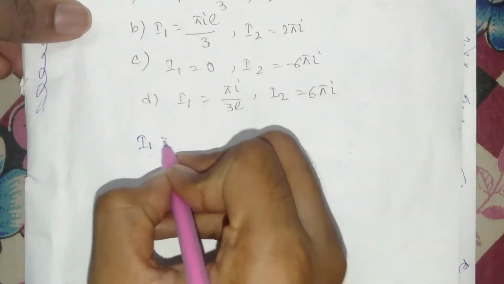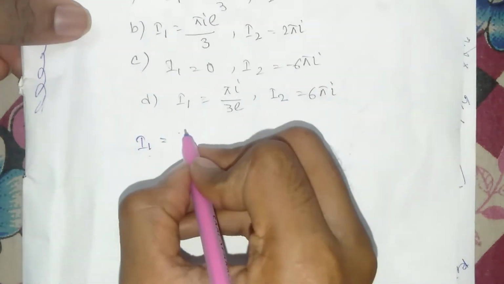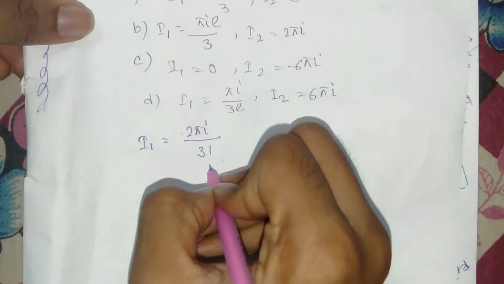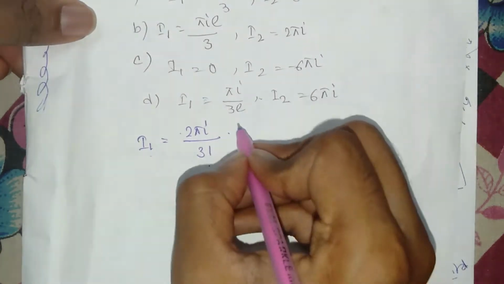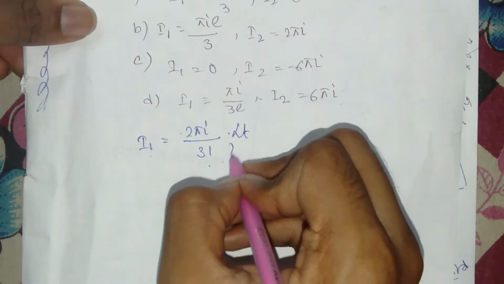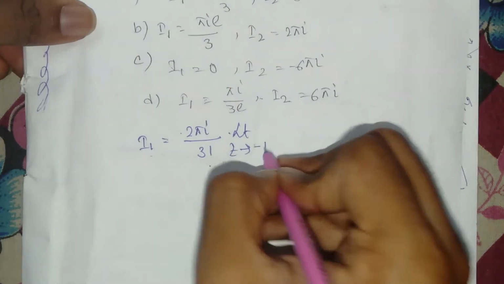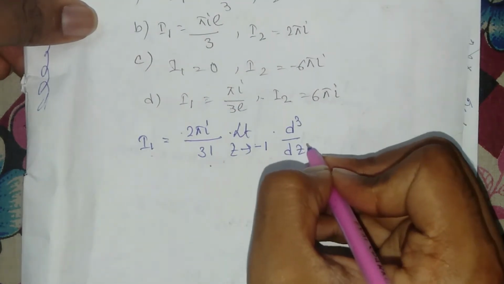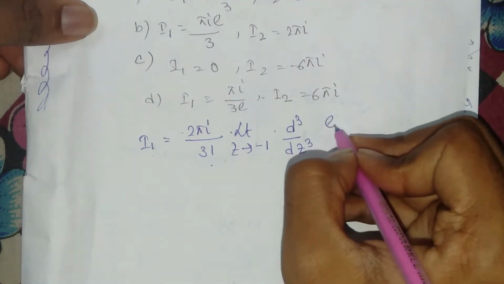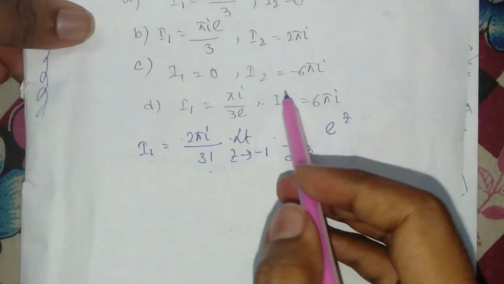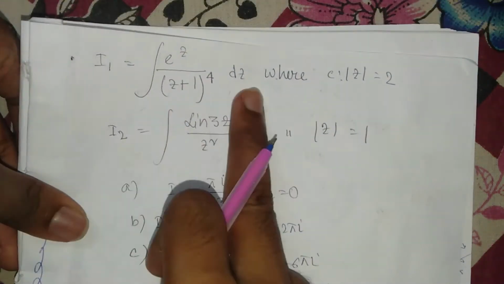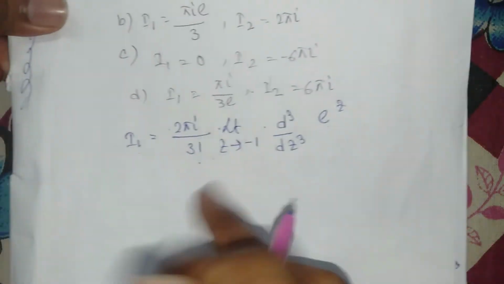Now for I1, as we know the residue formula, 2 pi i divided by m factorial, here 3 factorial, times the limit as z tends to minus 1 of d cube by dz cube of e to the power z, where (z plus 1) whole to the power 4 cancels out.